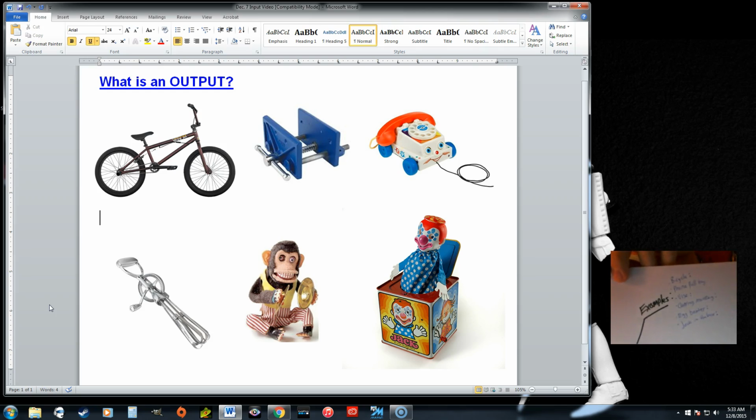We're just going to add this time what the output is. So get your bicycle on there, your pull toy, your vise, clapping monkey, egg beater, jack in the box. Get those on your list. For your picture, we still have a picture of the bike. Whereas last time we pointed to the input, this time we'll point to the output. So get your picture set up there. And then I'm going to add my definition as well. So pause now, get set up.